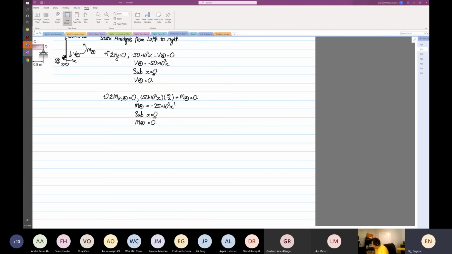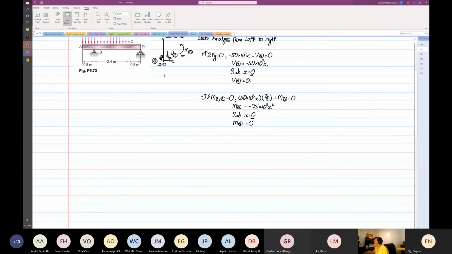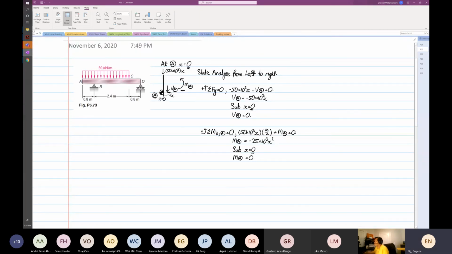Why moment is going down and why moment is going anti-clockwise. Sorry, I should have done this earlier. You'll be asking Eugene, if 50 times 10 to the power 3x is going down, why is VA also coming down, and why is MA in that direction. That's what I'm going to explain now.